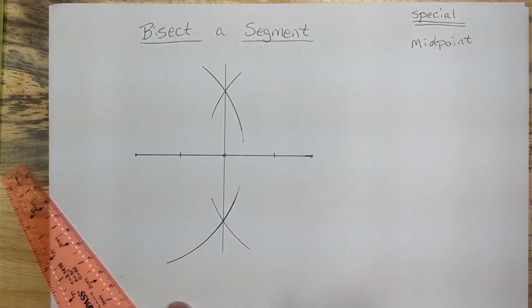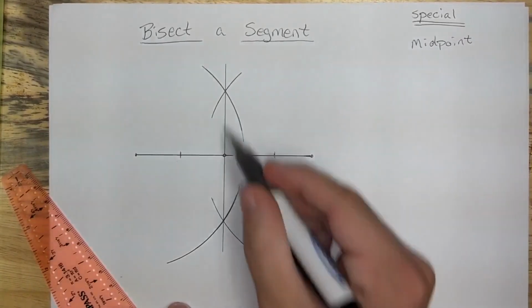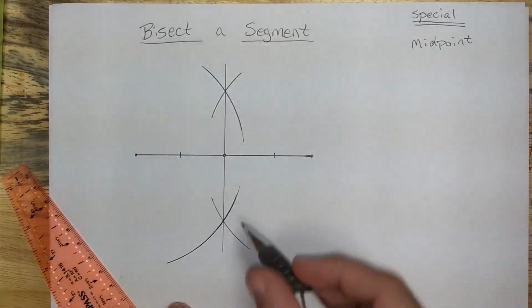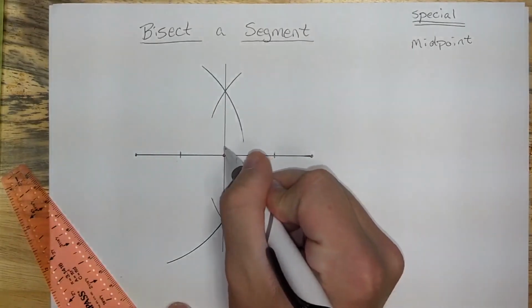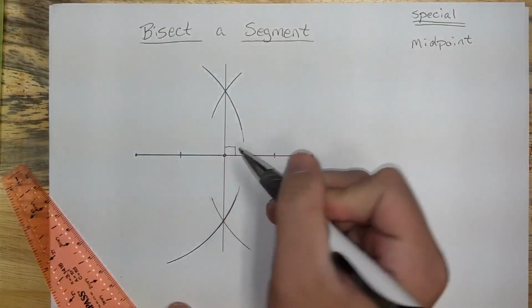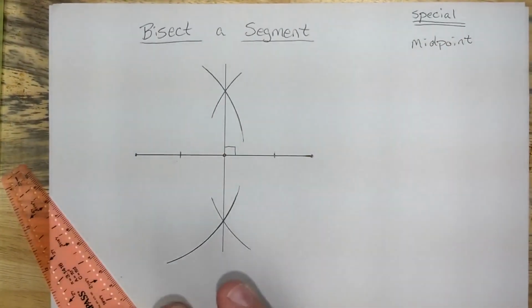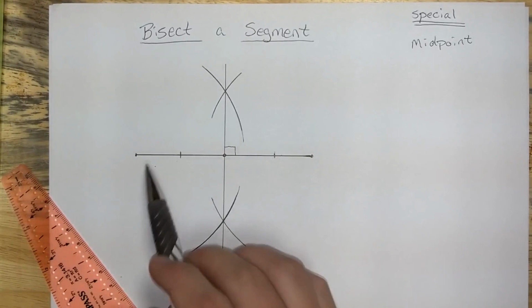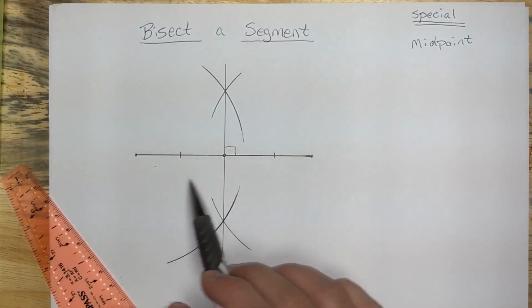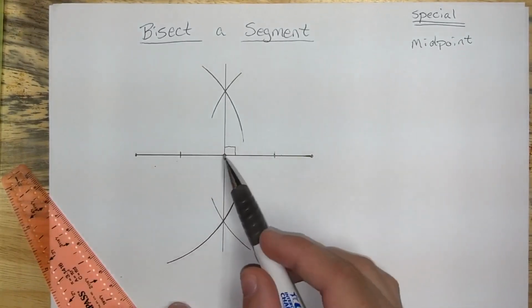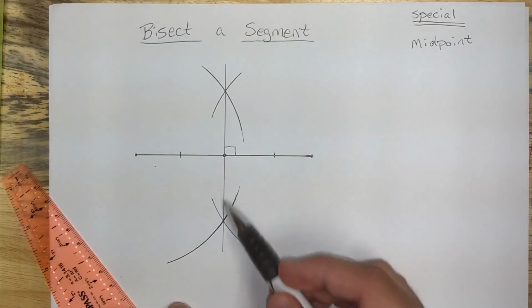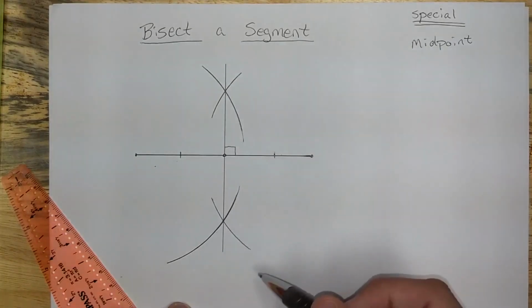One other special feature about this is that this bisect line here is also constructed at a 90-degree angle. So, in this one construction, we've created 3 different things. We have bisected a segment, which means we've chopped it in half. Because of that, we now have the midpoint, and we also have a perpendicular line.